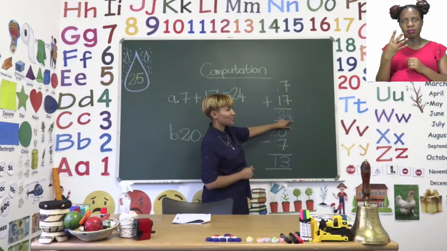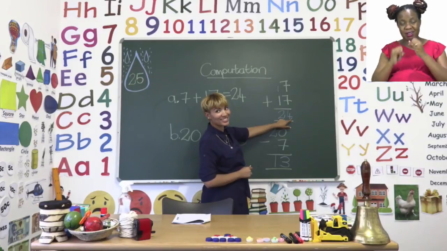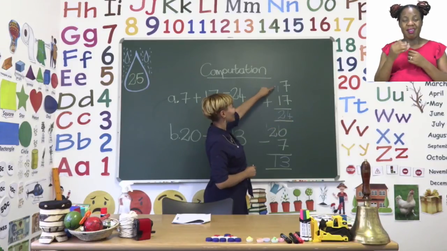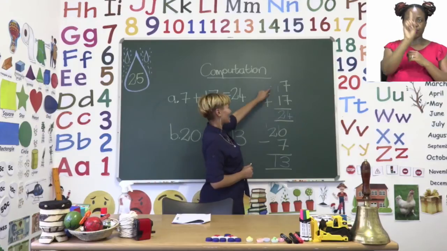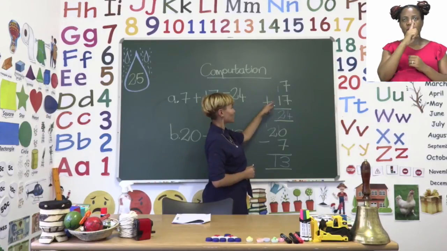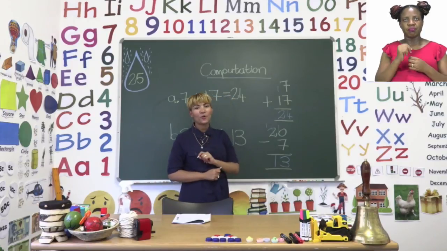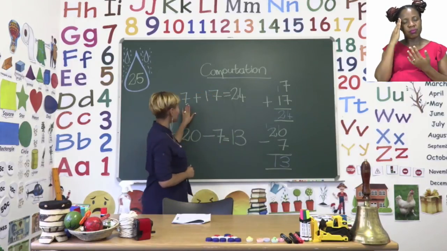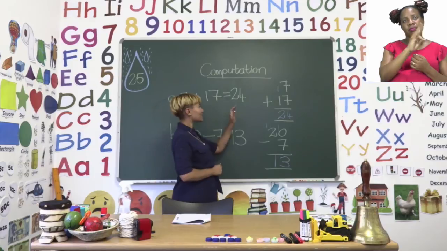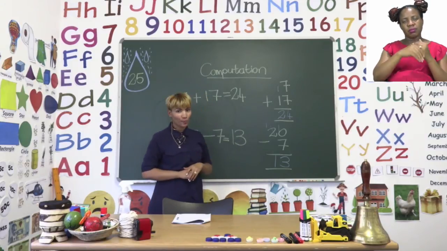Now we write in the units, the 4 of the units, and then we carry over the tens. And now we say 1 plus 1 is equal to 2. So now we know that 7 plus 17 is equal to 24.